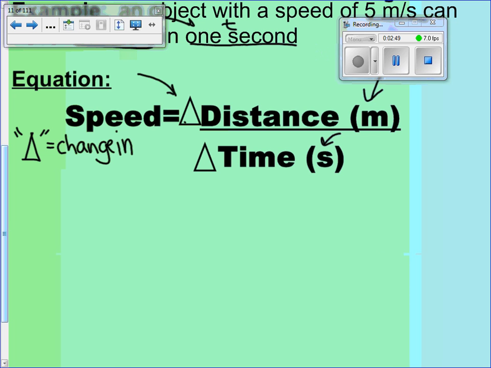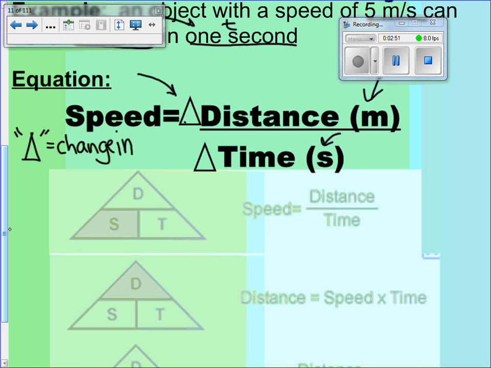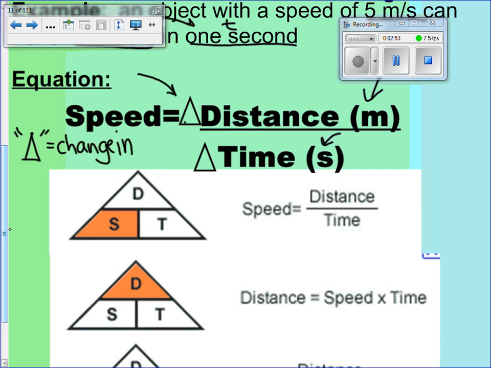And for those of you who aren't too keen on algebra, there's this triangle here, which can help you with figuring out and manipulating the equation. So if you look at this first triangle, speed equals distance over time. I'm going to draw in my deltas. Change in distance over change in time. And if you look at this triangle, we're solving for speed, and that equals distance divided by time.